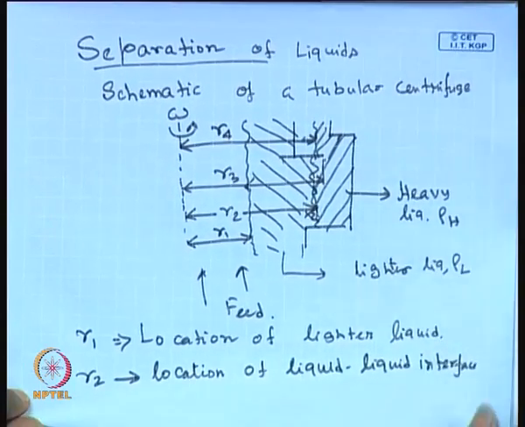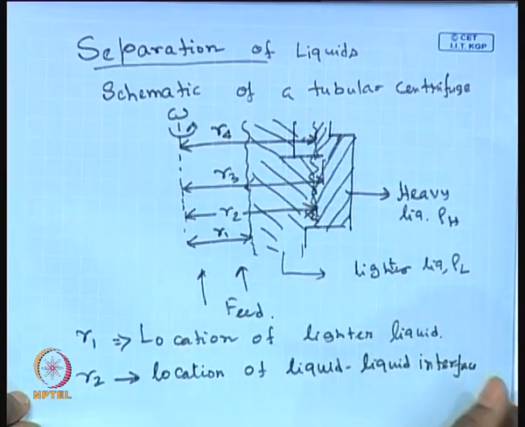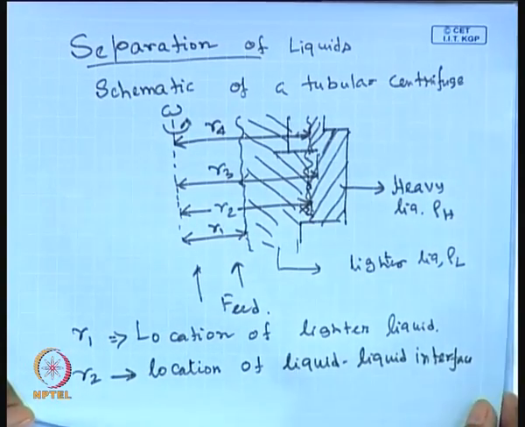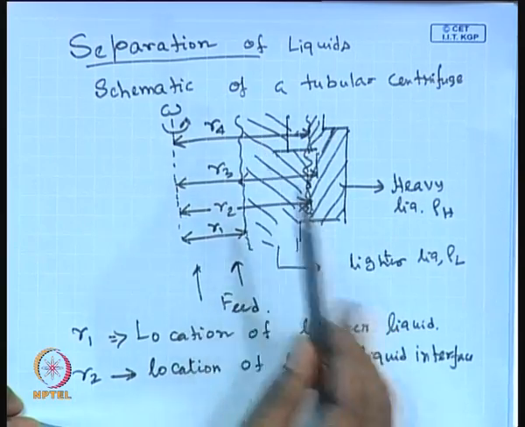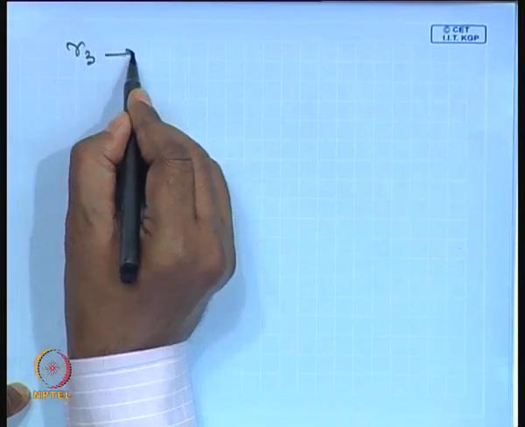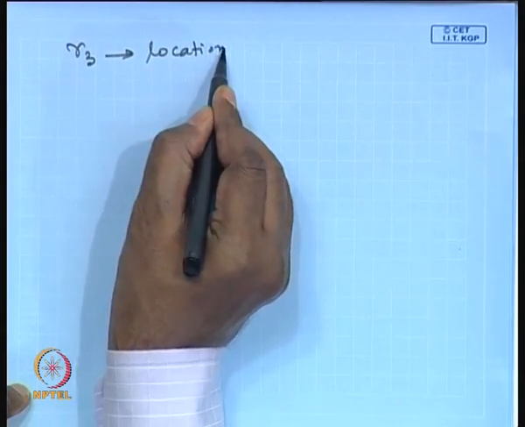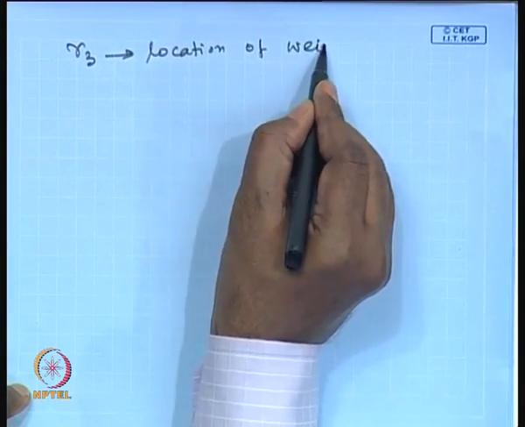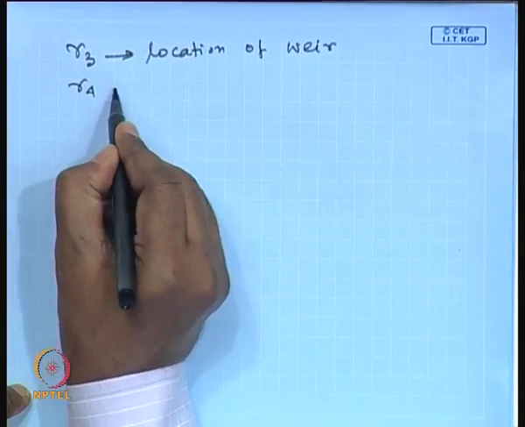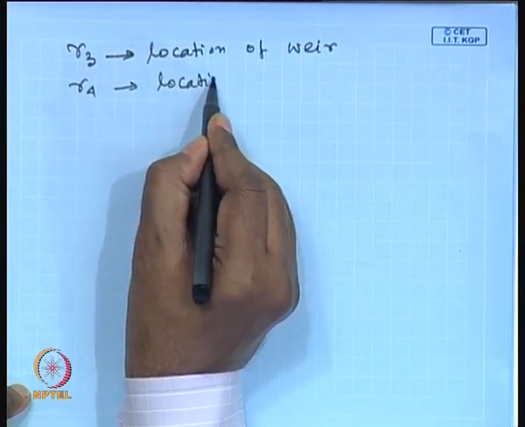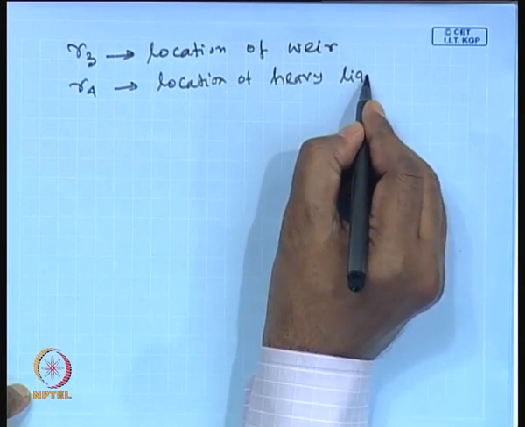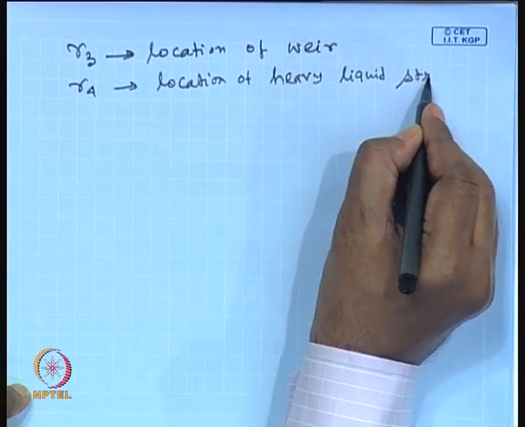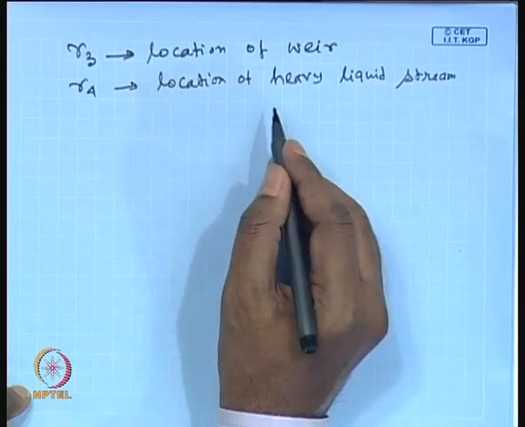And this part is called a weir, W-E-I-R. Okay. So, this weir is basically separating out physically the heavier liquid and the lighter liquid. R3 is the location of weir, and R4 is the location of heavy liquid stream or the product. Okay.